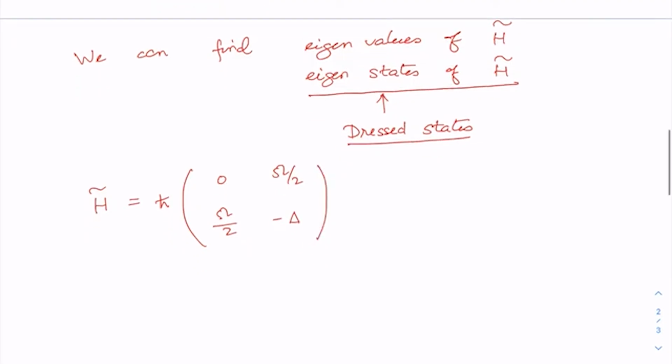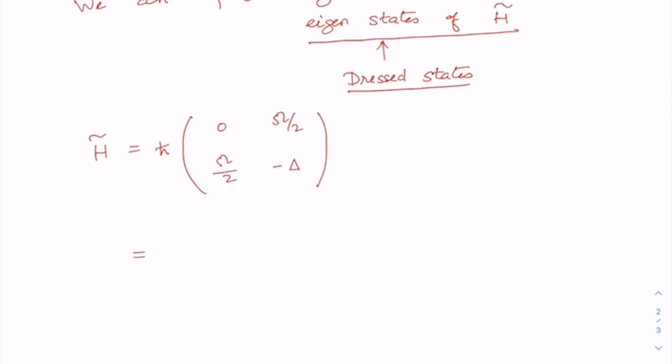If I write it a little differently, I can write it as h cross delta by 2, h cross omega by 2, h cross omega by 2, then minus h cross delta by 2.